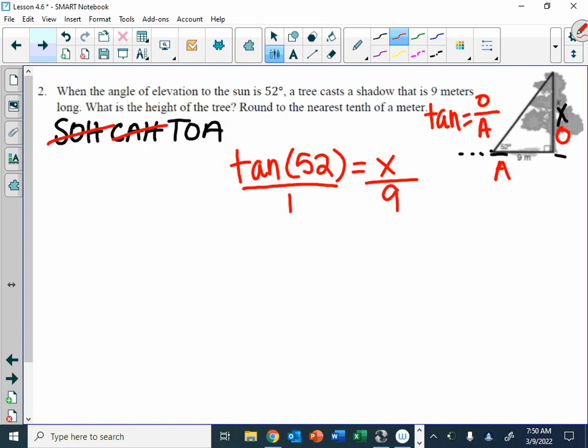From here, plug it into your calculator. So we need to cross multiply. x times 1 is x. 9 times tangent of 52, that's what I need to figure out. And I want your answer to the nearest tenth of a meter, so that is 1 decimal place.